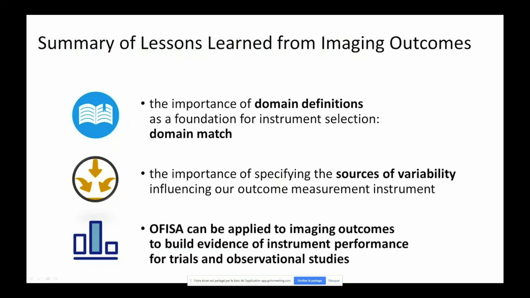Second, the importance of specifying the sources of variability which may influence the outcome measurement instrument. And lastly, how OFISA can be applied to imaging outcomes to build evidence of instrument performance for trials and observational studies.